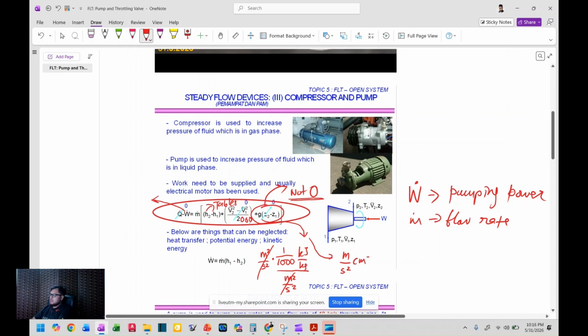So you will still get square meter over square second, and the same business, you have to multiply by 1 over 1000 to convert to kilojoules per kilogram. So at the end of the day, you have to divide this term by 1000. Okay, so that is about it for the first law of thermodynamics for pumps.